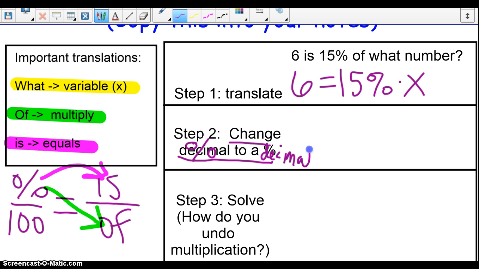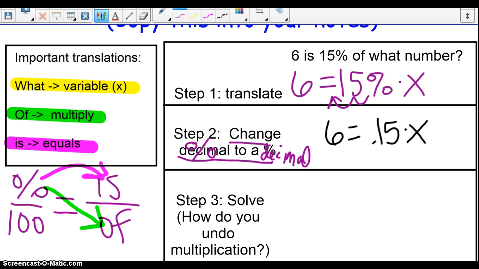So you change that and let your people know that as well when you teach them. So change your percent to a decimal. So here's the percent. You take the decimal point back 2 times. So now I have 6 equals 0.15 times x.